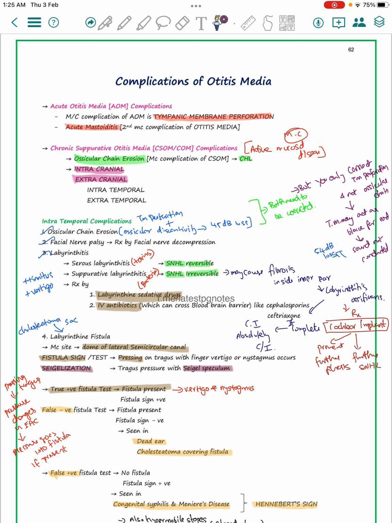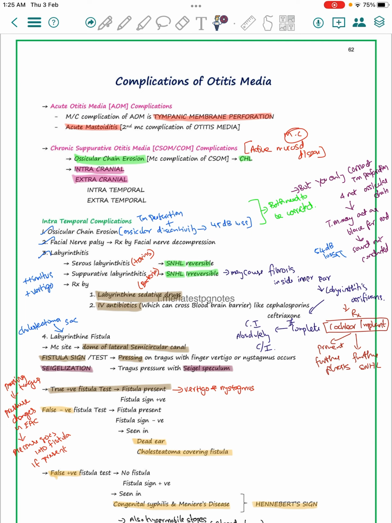So you need to correct both the tympanic membrane perforation and the ossicular discontinuity. It's a must. Normally, when both the tympanic membrane and the ossicular continuity are lost, some sound may still reach the inner ear, so it loses only 45 dB.